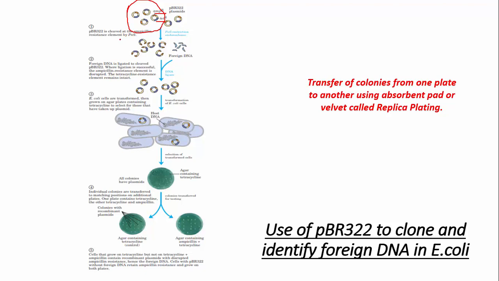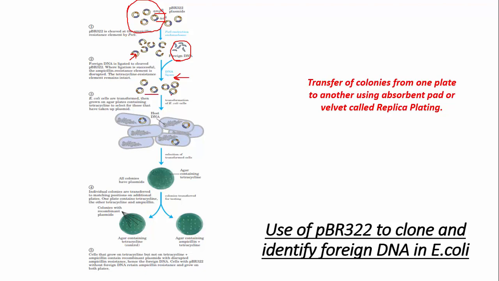We use restriction endonuclease enzyme. Restriction endonuclease cuts our ampicillin resistance gene. Next, it is our foreign DNA. DNA ligase enzyme helps to join foreign DNA into the cleaved ampicillin restriction site.